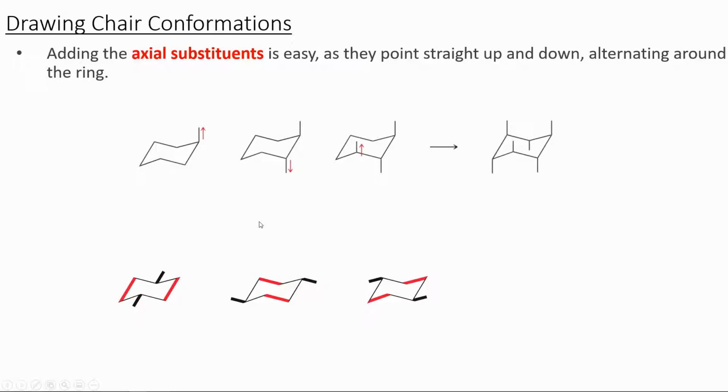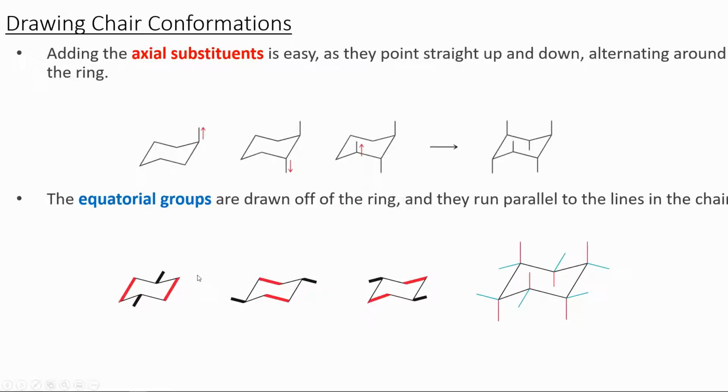And then the equatorial position is going to be parallel lines for each molecule. So for these 2 bonds here highlighted in red, the 2 carbons in the middle of them are parallel lines to those 2 carbons.